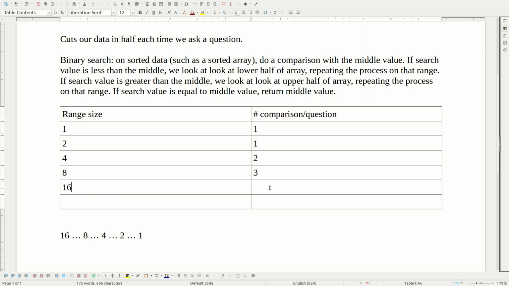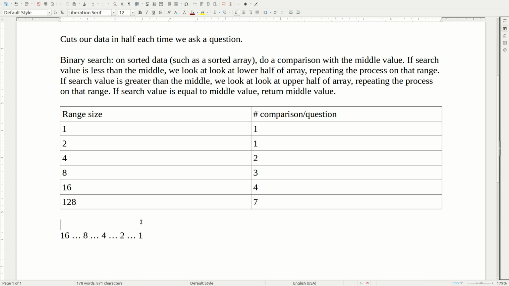So 16 gives us 4. 32 would require 5 comparisons. 64 would require 6. 128 would require only 7 comparisons, versus our sequential search, which was O of n, which for 128, for instance, would take something in the range of 128 comparisons in the worst case.